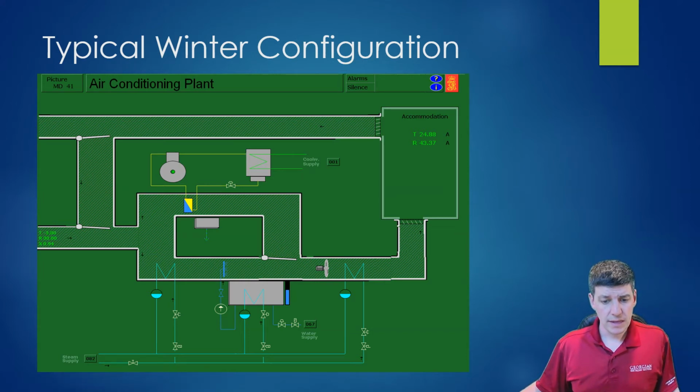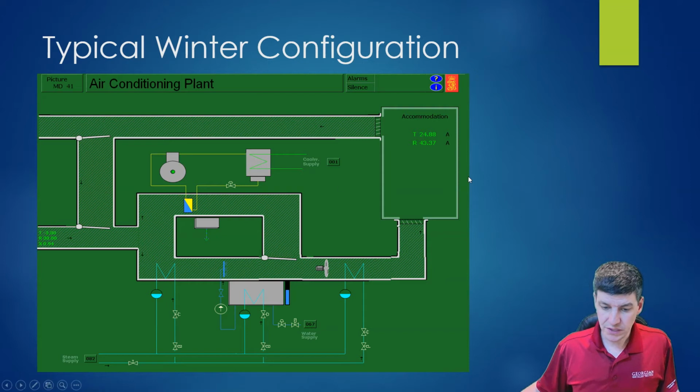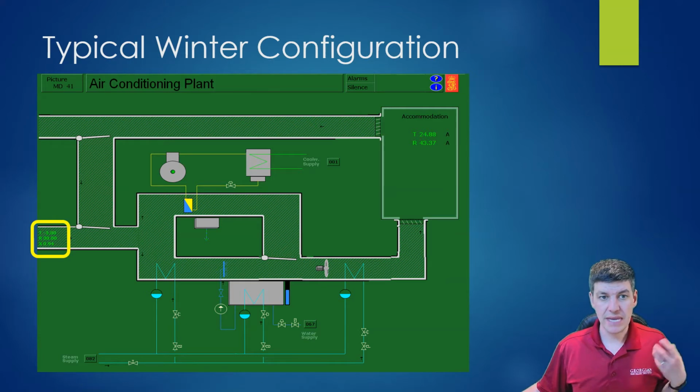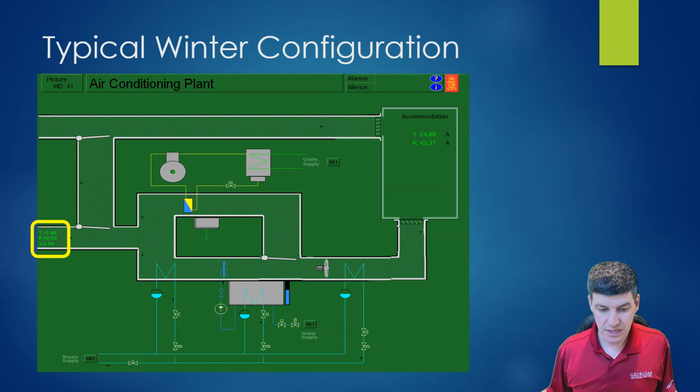Okay. So let's talk about a typical winter operation of this plant. We can see down here we have some inlet conditions that may be typical of wintertime. And we have a few different variables. So we have temperature T, which is -3 degrees. We have our R value, which is our relative humidity, and that's 30%.